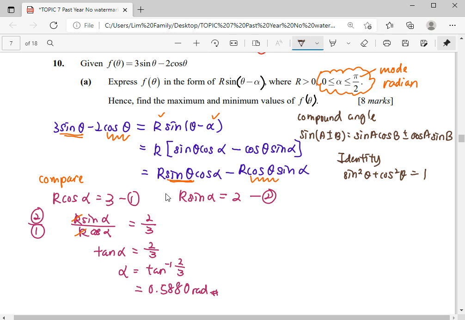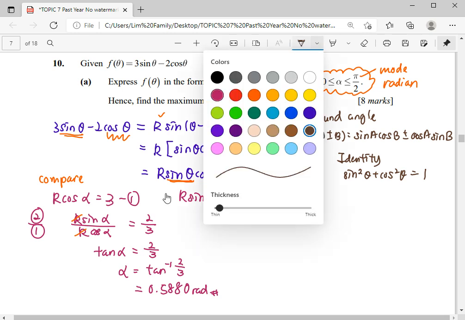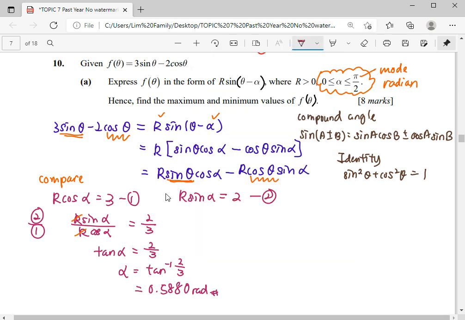So I need to square both equations to get sine squared plus cos squared equals 1. So equation 1 squared plus equation 2 squared.